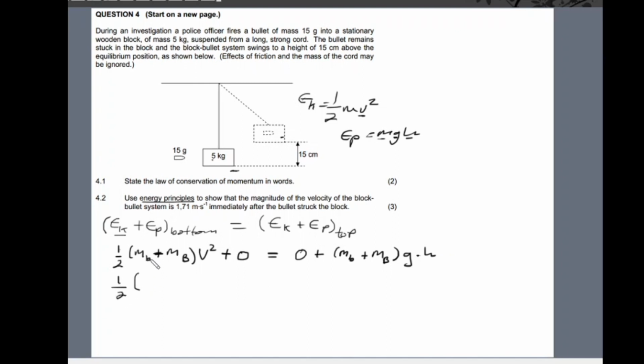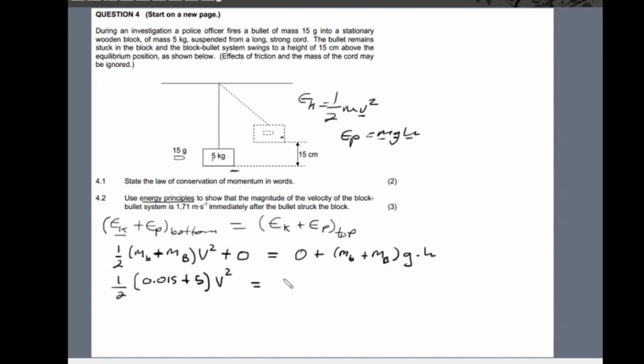The mass of the bullet is 15 grams, so in kilograms it will be 0.015, right? When you divide 15 by 1000. And then the mass of the block is 5 kg times v squared, which is what we want to solve.